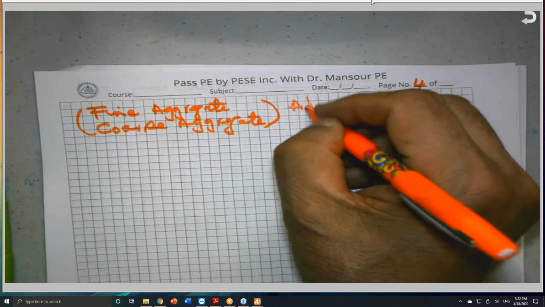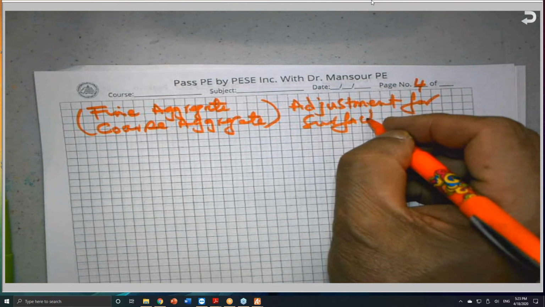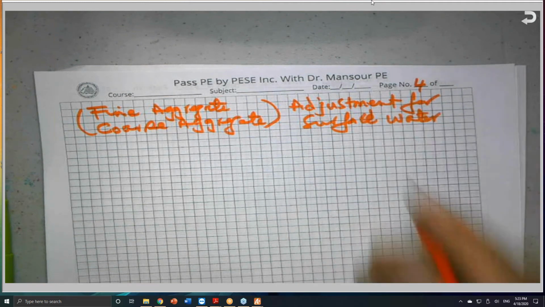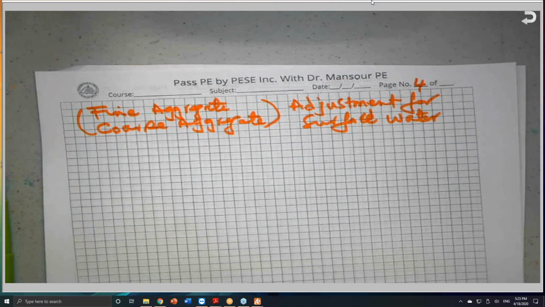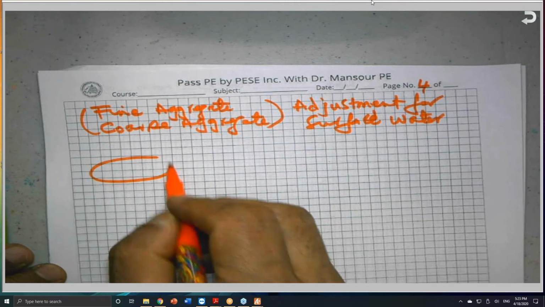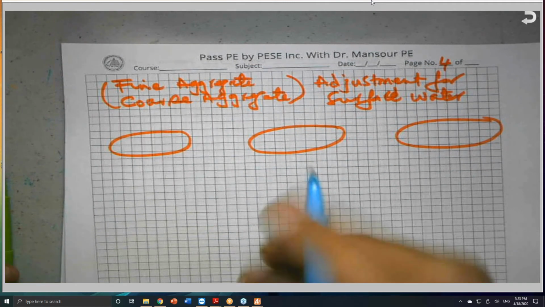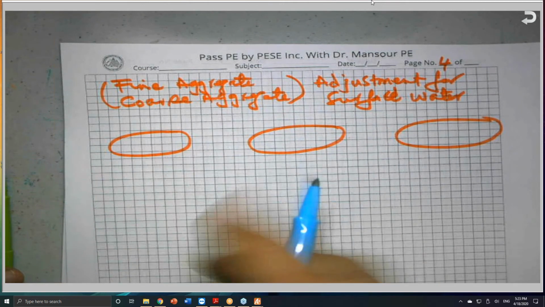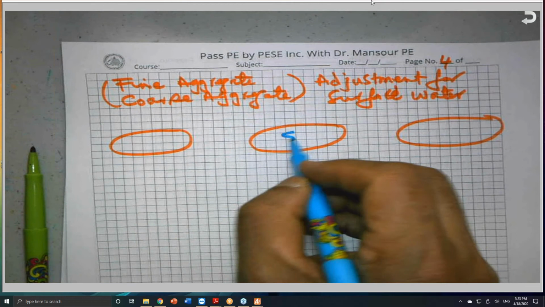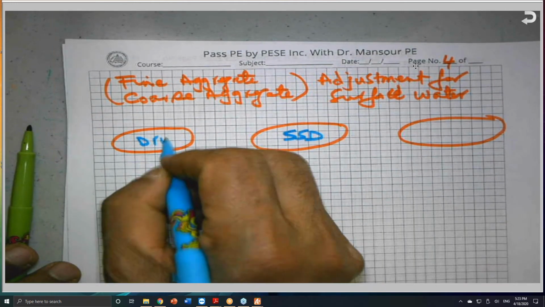The adjustment for surface water. So the 3 circles I drew before, in relation to the amount of water in the aggregate: the SSD, the dry condition, and the wet condition.